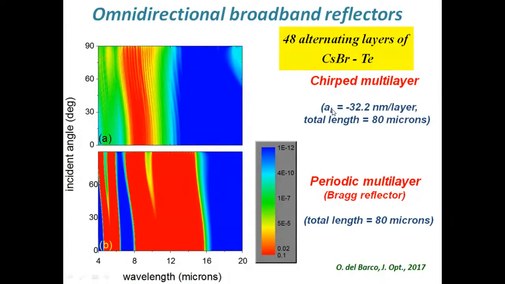There is no decreasing width. The red color means a very low transmittance. So here we have very low transmission, so we are achieving a broadband even greater than the Bragg reflector.